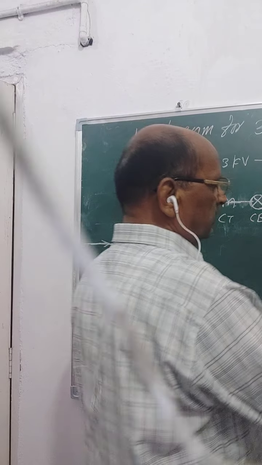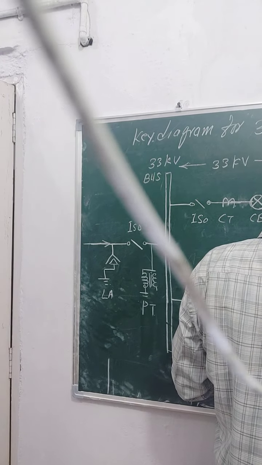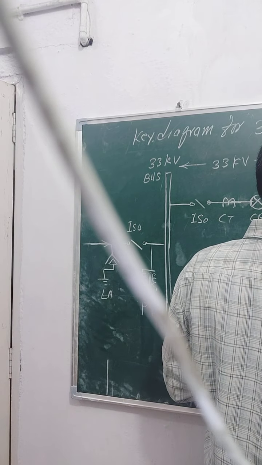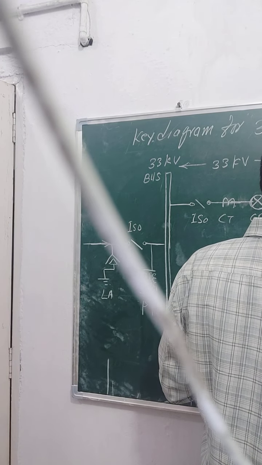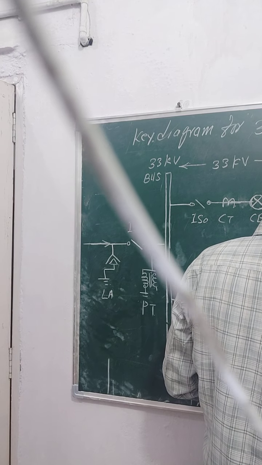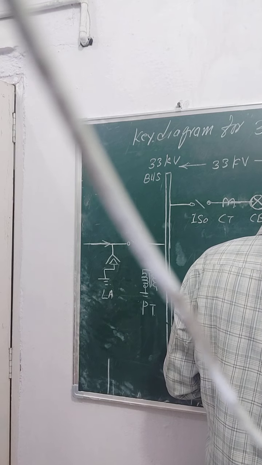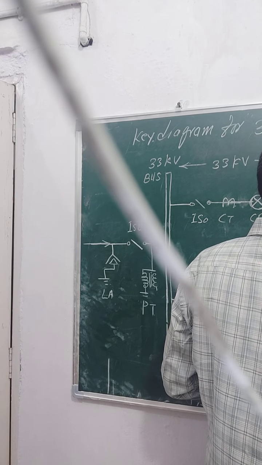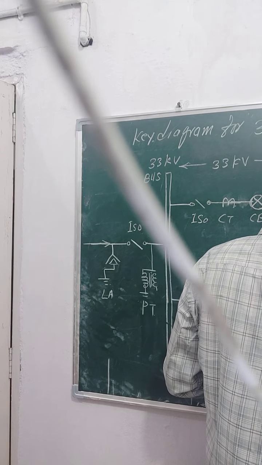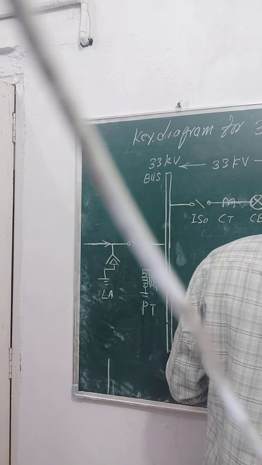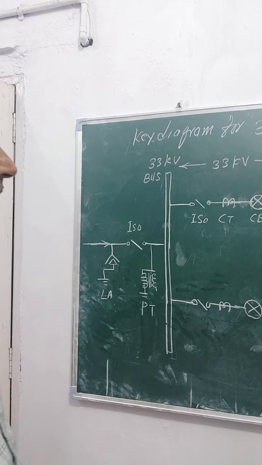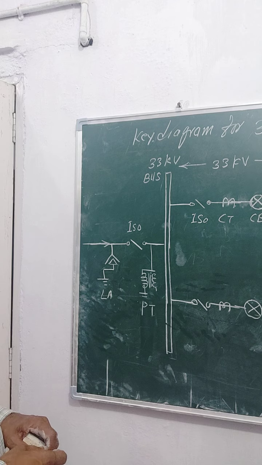There is a bus coupler. If one particular transformer is taken under isolation for maintenance, then a bus coupler is used. This is the bus coupler. This is used when one transformer goes under maintenance, then we connect that bus to another transformer.